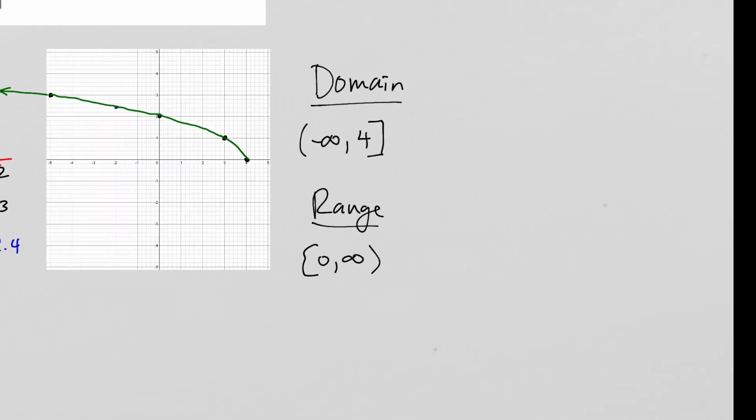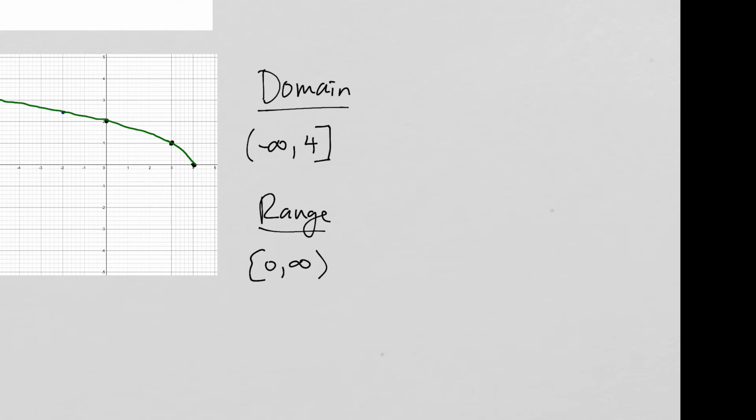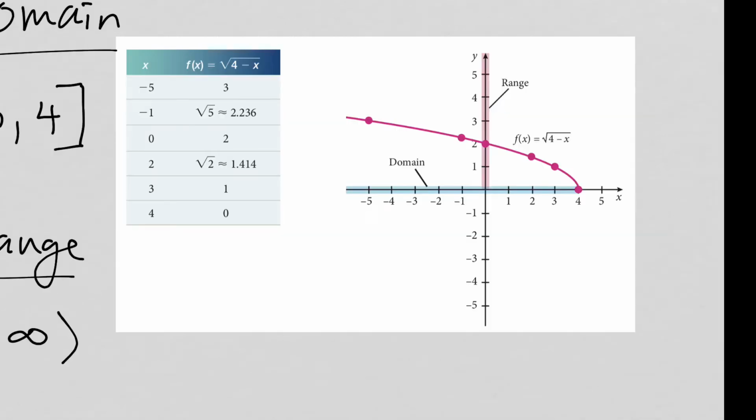Now, just for kicks, I'll bring in an image from the textbook, which shows this a little bit better. So here you can see we have the graph of our function, which is right here. The domain is all of these values here on the x-axis, right? So that's all the values from 4 over here all the way to negative infinity.